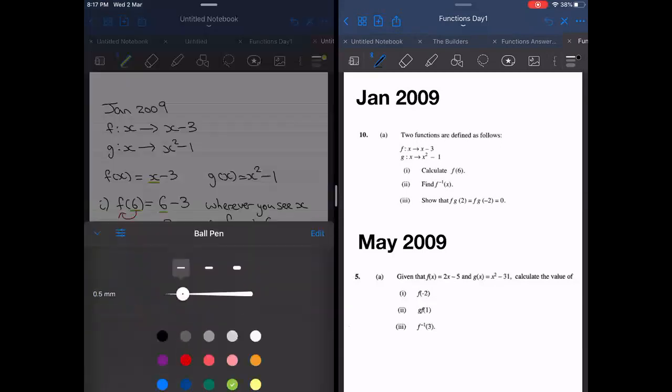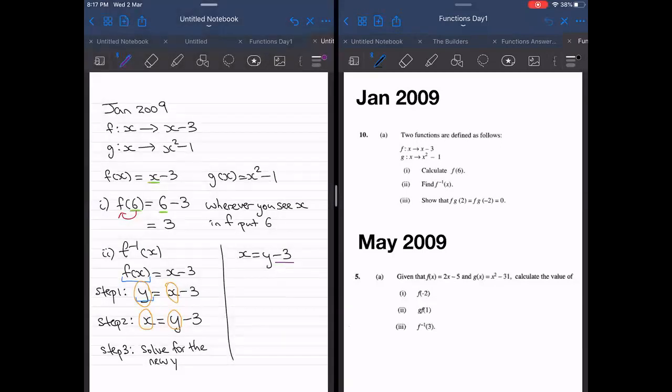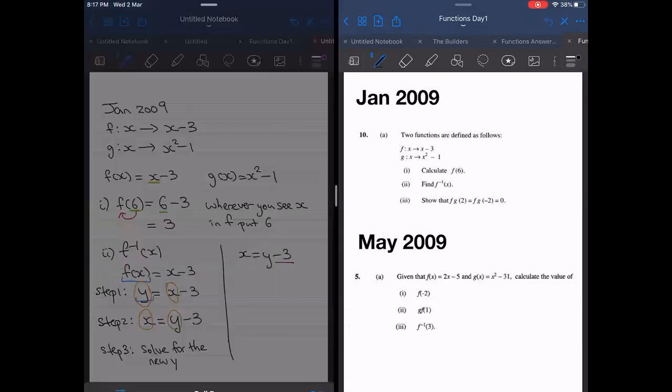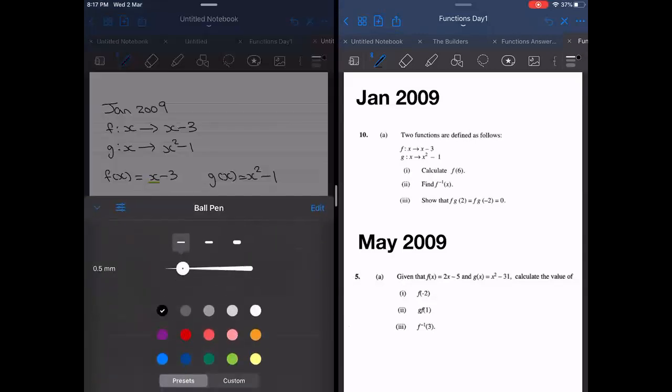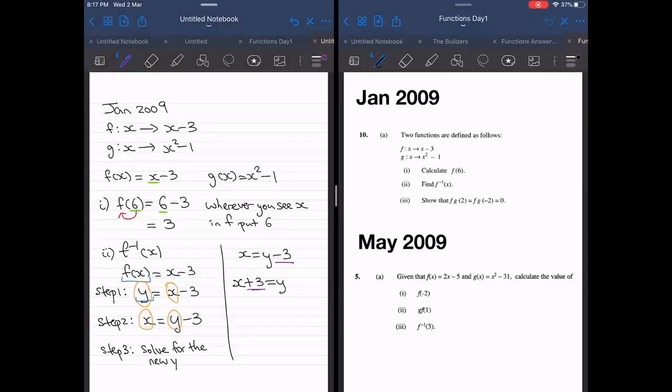The minus 3, when I take it to the opposite side, becomes plus. So this one was pretty simple, right? To find the inverse, that new y is the inverse.